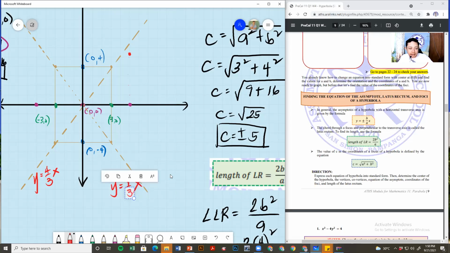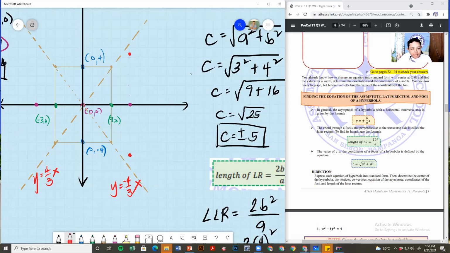Ayan, kasi I need that space. Okay. So let's now move it here. 5.33 below. 1, 2, 3, 4, 5.33 here. Somewhere there.